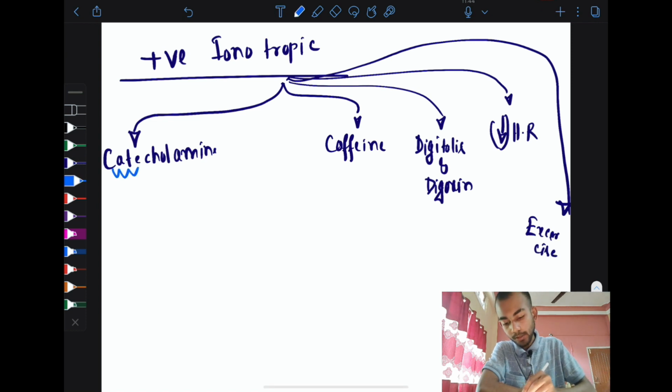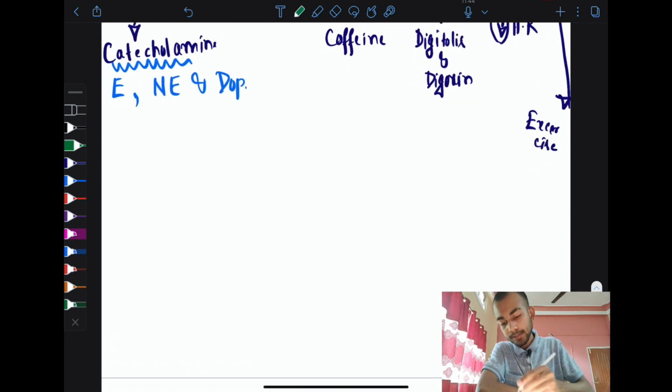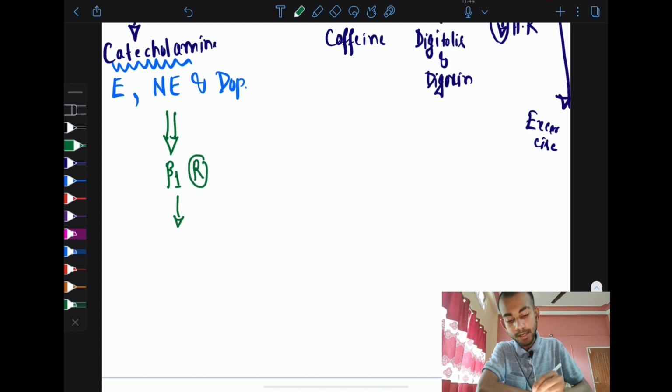Let us talk about catecholamines. We know that the catecholamines include epinephrine, norepinephrine and dopamine, isn't it? Now what do they do guys? They bind with the beta 1 receptor present in the ventricular myocytes, and what will happen is there is increased second messenger, cyclic AMP.